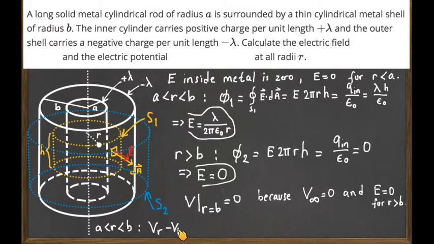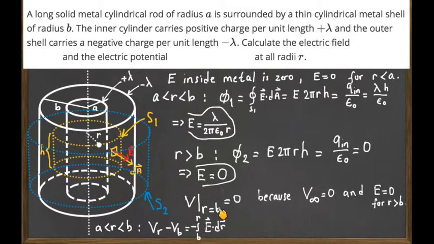Let's choose the potential difference between this point, VR, and the potential of the outer shell, VB. Since we know the potential VB, it's just 0, and the definition is that the potential difference between any two points is nothing but the minus of the line integral of the electric field between these two points. So we put R in the upper limit and B in the lower limit.